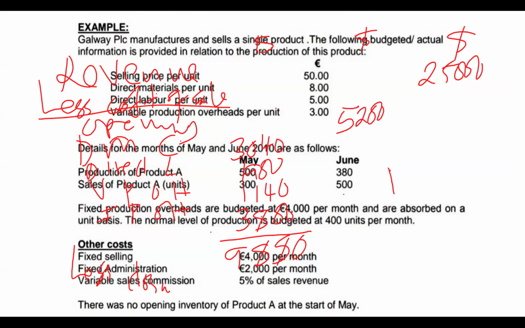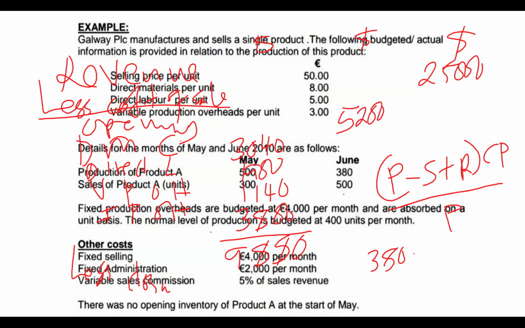It is the units produced minus those which were sold, plus those that remained from the previous period, multiplied by the cost of production divided by the units produced. If you didn't hear this, I repeat. The units that were produced, 380, minus those that were sold, 500, plus the units that remained from the previous period. It was 200, isn't it?